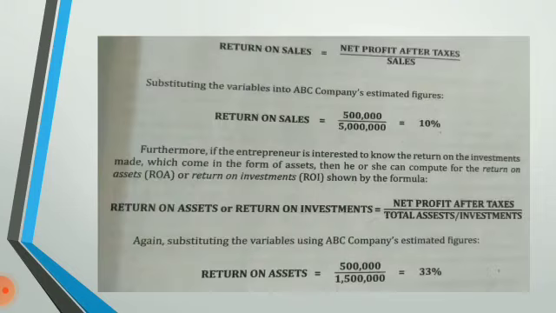And then another, we have the return on sales, which is computed using the formula net profit after taxes divided by sales. And we also have return on assets or return on investments, which is computed using net profit after taxes divided by total assets or investments.